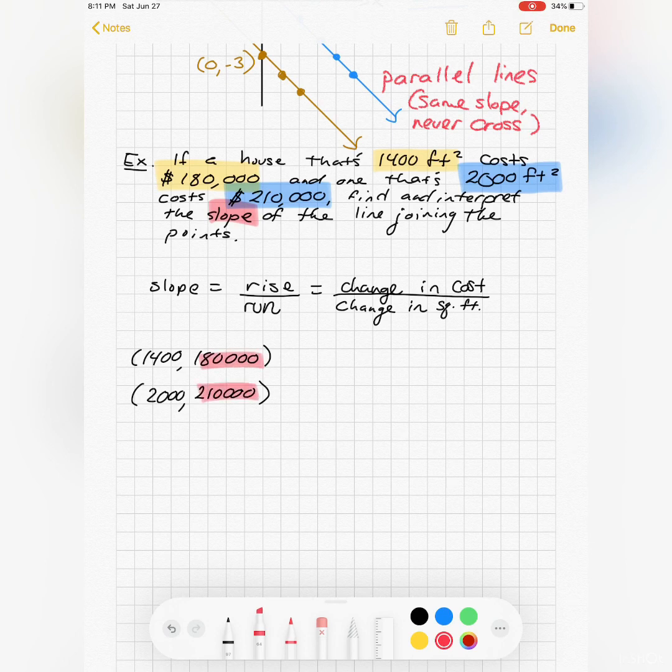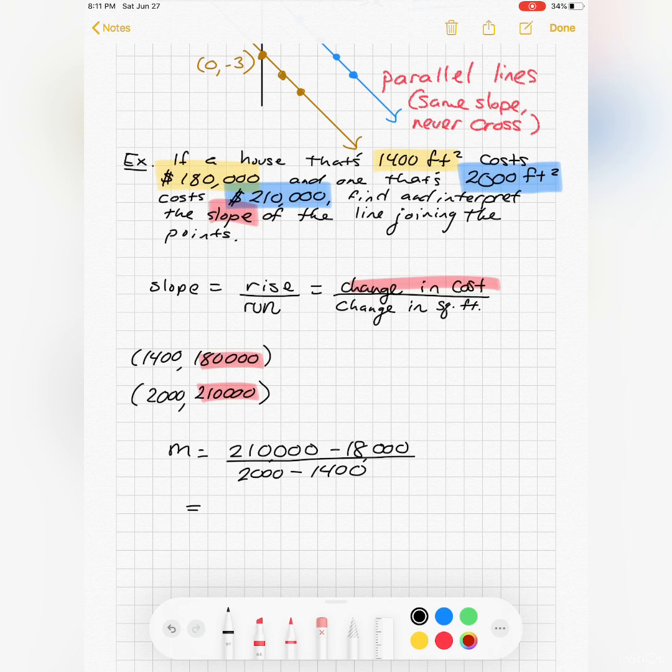Okay, so comparing these two, what is the change in cost? Well, that'd be the 210,000 minus the 180,000. The change in square footage would be the 2,000 minus the 1,400.